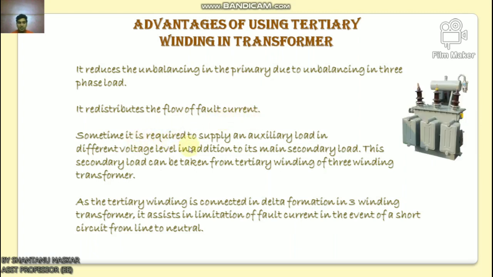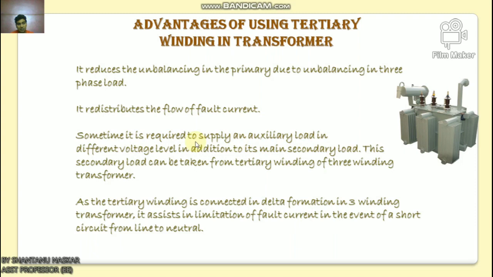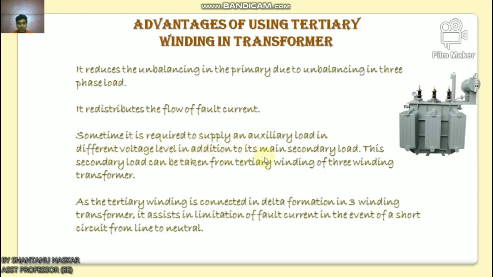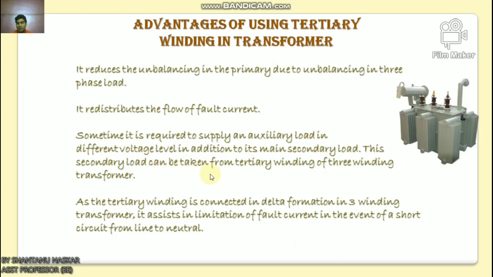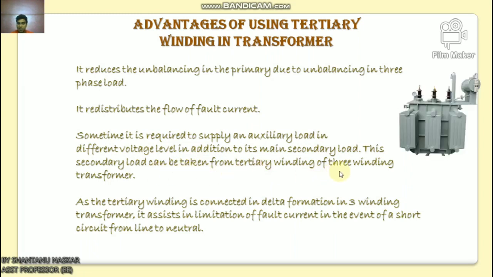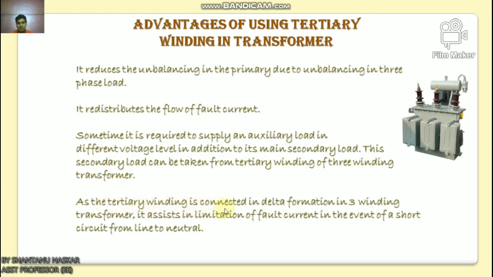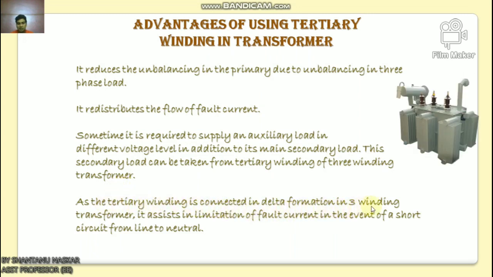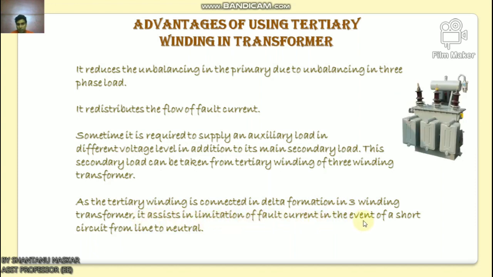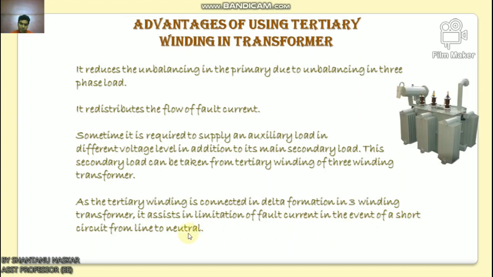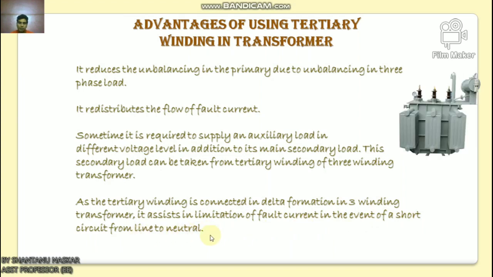Sometimes it is required to supply an auxiliary load at a different voltage level in addition to the main secondary load, and this supply can be taken from the tertiary winding of the three-winding transformer. And as the tertiary winding is connected in delta formation, it assists in limiting the fault current in the event of a short circuit from line to neutral.